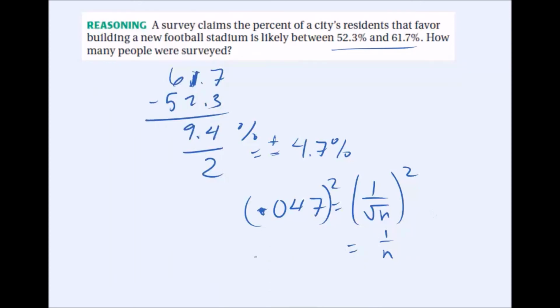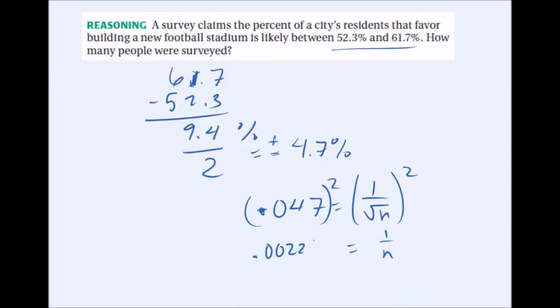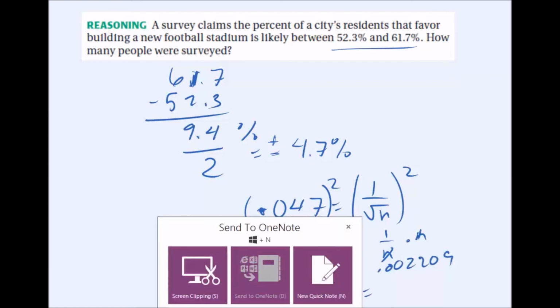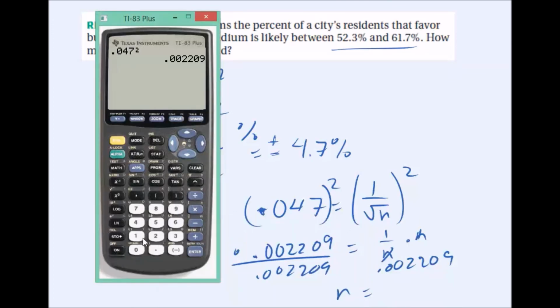That's 0.002209. Multiply times n on both sides, divide by this number, and that should give us the answer, which is 1 divided by that number.